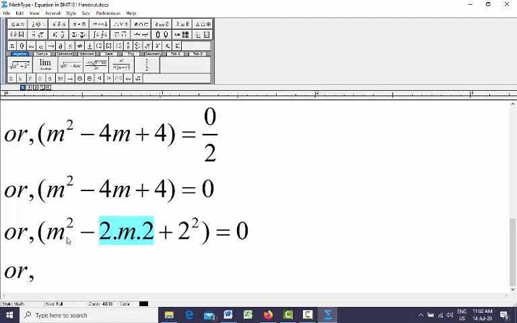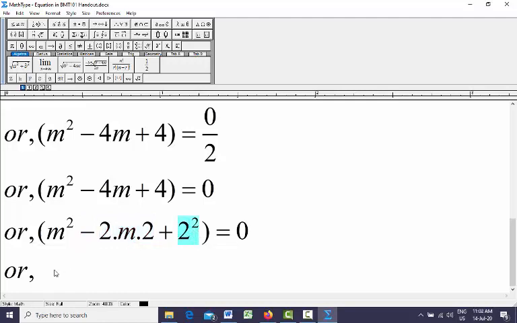So now you can see this one resembles the a minus b whole square formula. a square minus 2ab plus b square.